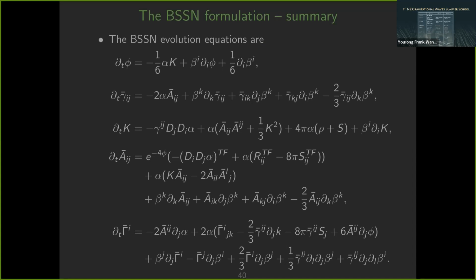So the BSSN equations are a bit more complicated, a bit longer, but they do have much better long-term stability properties. This is quite different to the system that we're using for the gravitational waves in the labs, in that there are only 2 PDEs which propagate the gravitational waves.